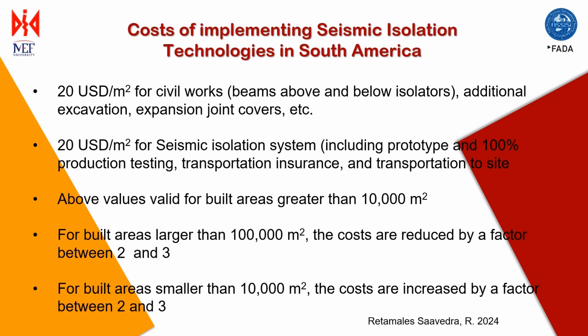Above values valid for built areas greater than 10,000 square meters. For built areas larger than 1,000 square meters, the costs are reduced by a factor between 2 and 3. For built areas smaller than 10,000 square meters, the costs are increased by a factor between 2 and 3.